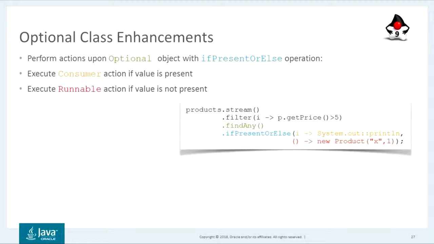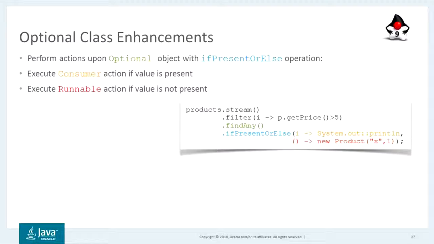Next interesting point is a combination of optional class enhancements, again available in Java 9, and it performs actions upon the optional object. The new feature here is this method called ifPresentOrElse. So I'm looking for products with price greater than 5. I'm saying find me any product that matches that criteria.